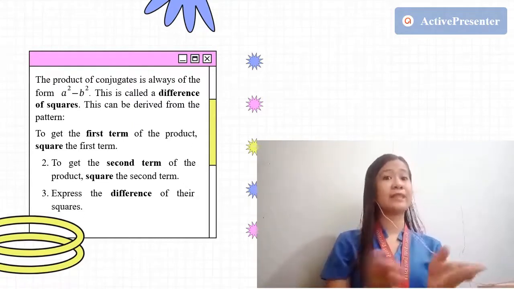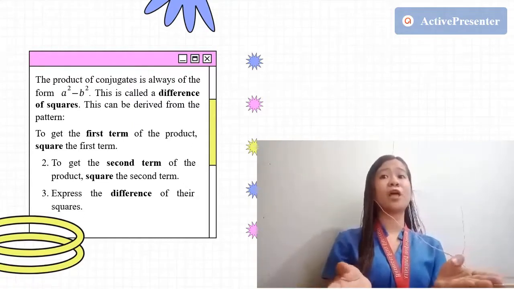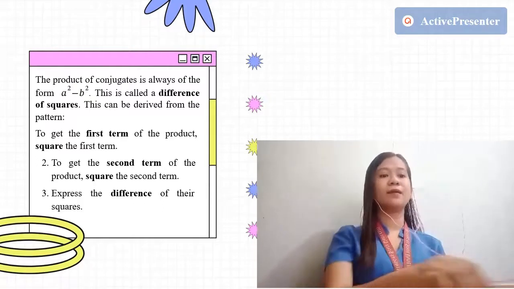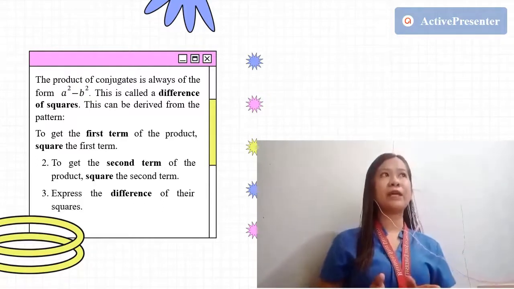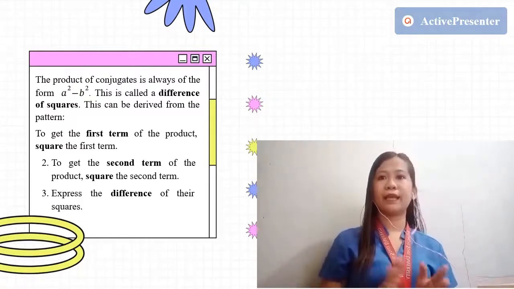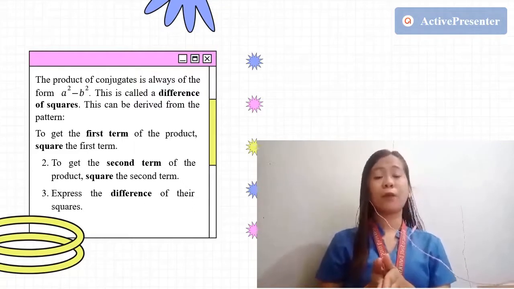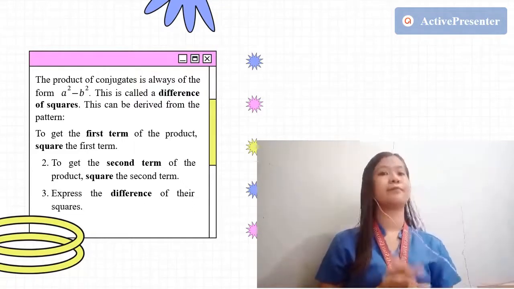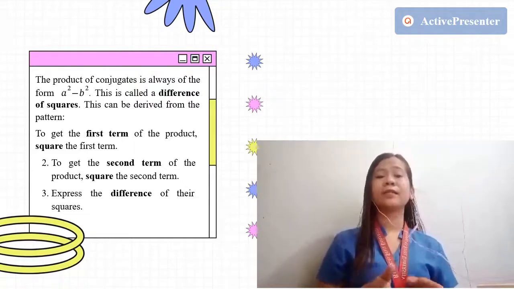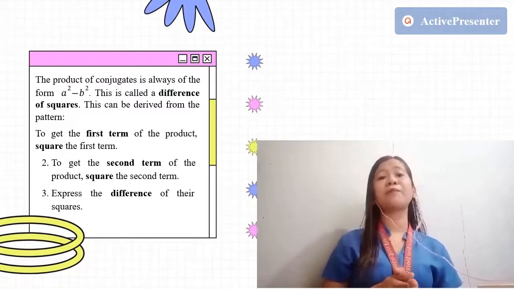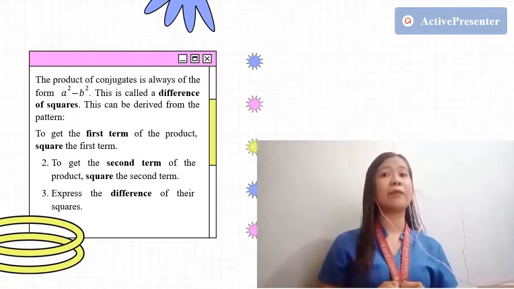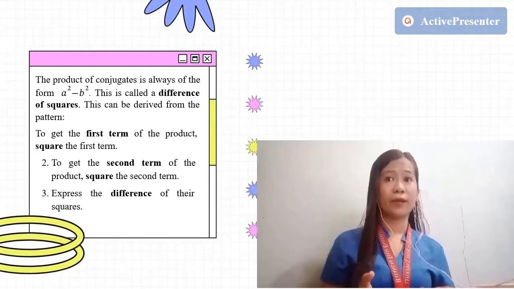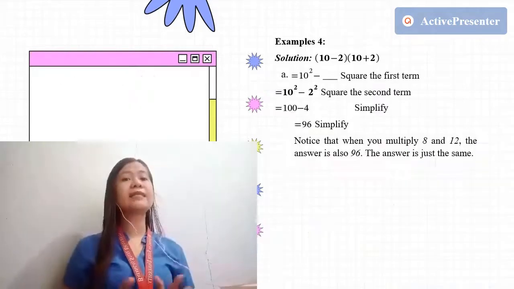So that's it, we have the difference of squares. The perfect square trinomial is for the product of a binomial with itself. Then the special form, if we have the conjugate pairs, is the difference of squares. So let us have an example.